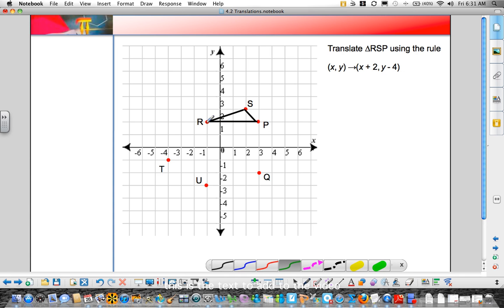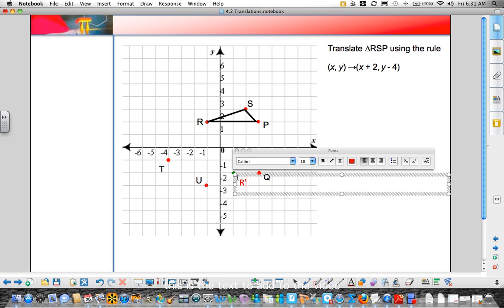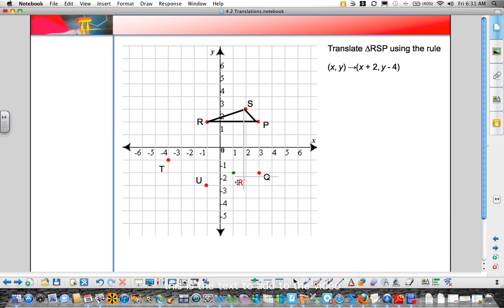So let's take point R, move it 2 units to the right and 4 units down. So here would be my new R, and let's go ahead and label that. We maybe need a smaller thing here. R prime. Let's see if this is smaller. R prime. Perfect. And then we want to take point S and move it 2 units to the right and 4 units down.